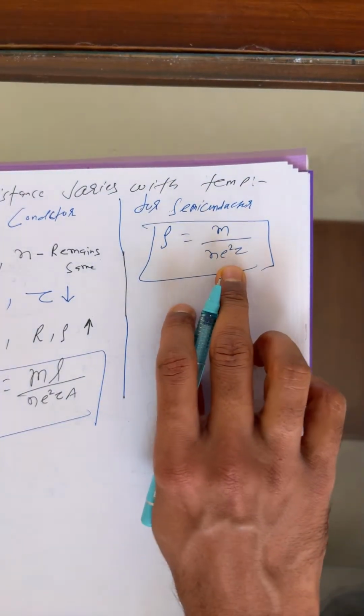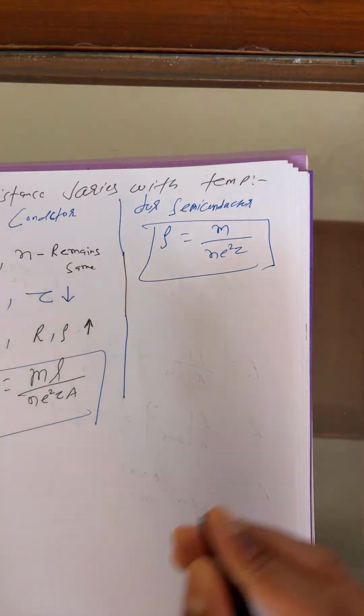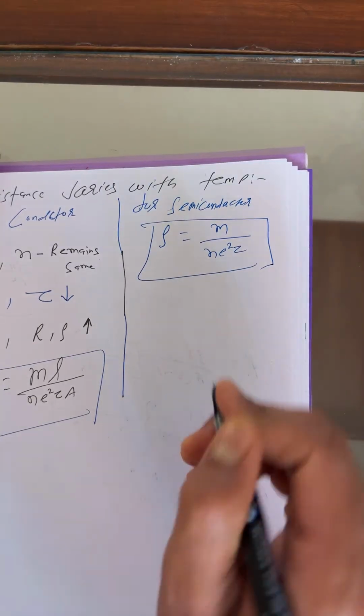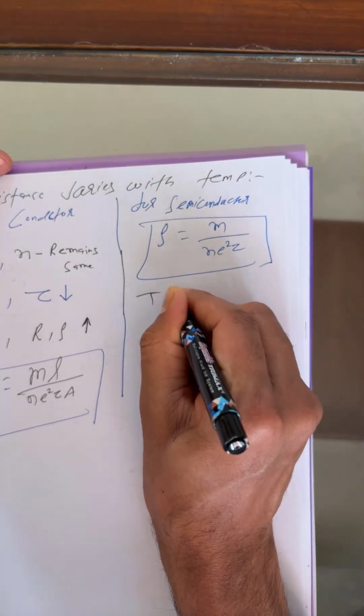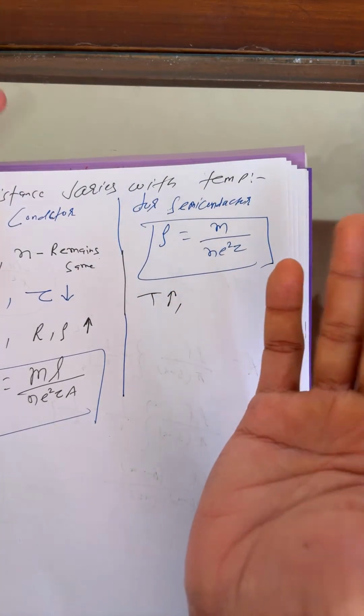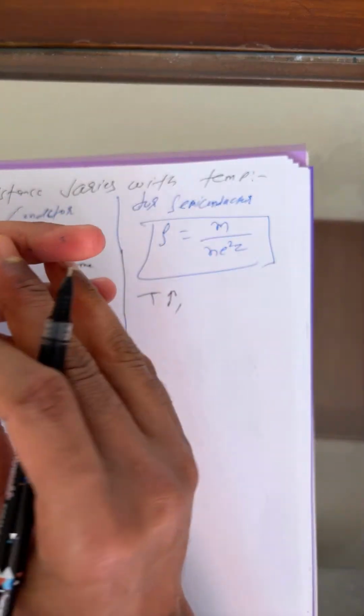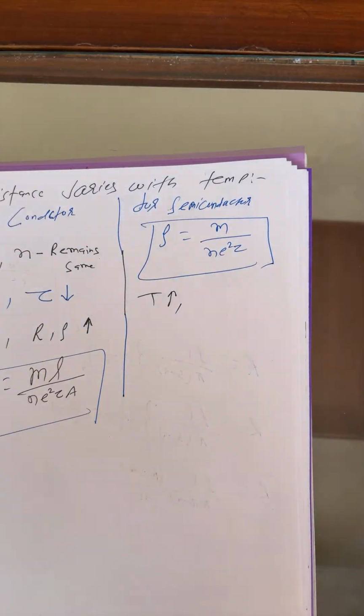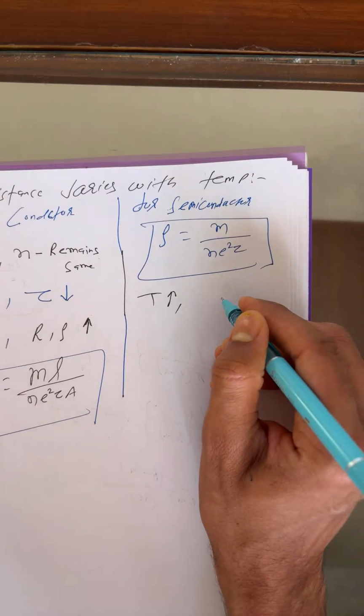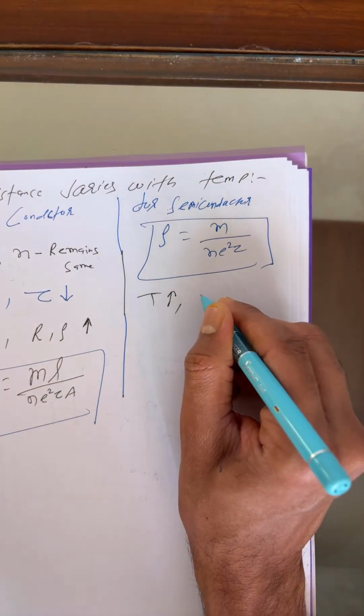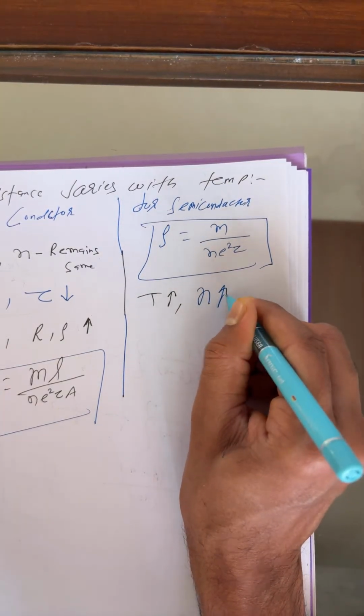Now I'm going to discuss the semiconductor. Here, as temperature increases, in a semiconductor few electrons are movable and few are fixed, few are ready to move. So if temperature increases, n also increases.